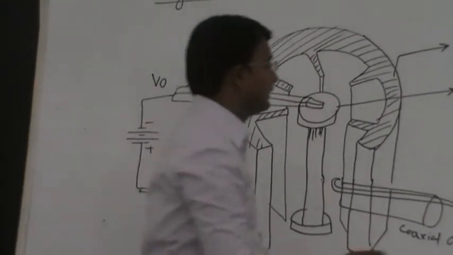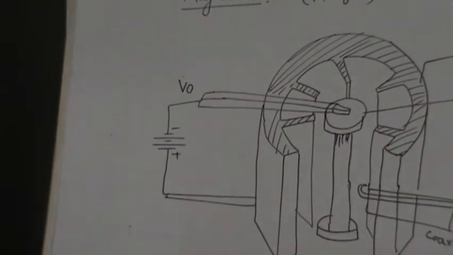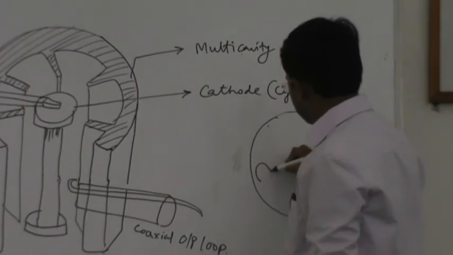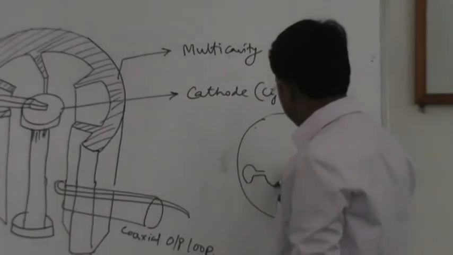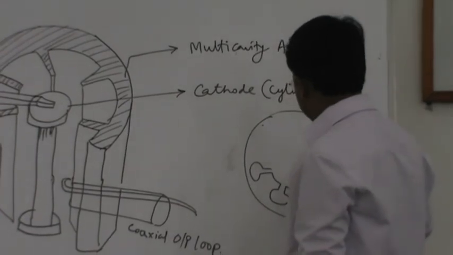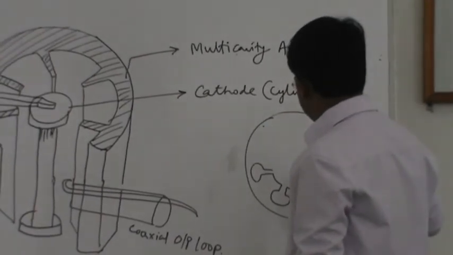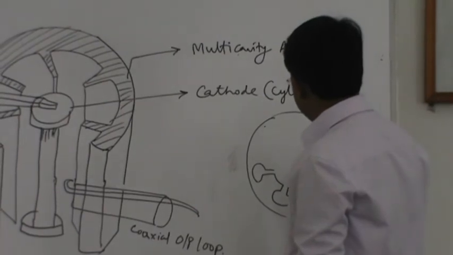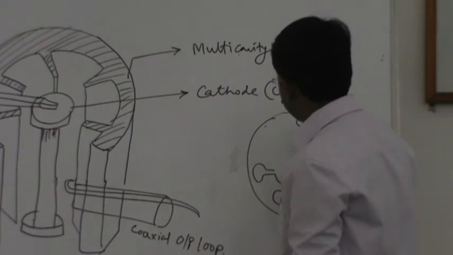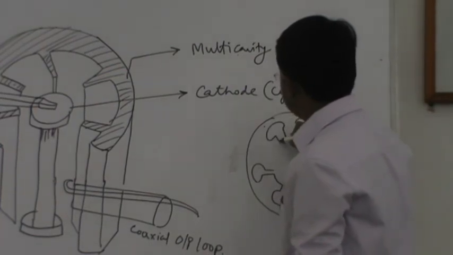It may also take the form of an anode structured as a coaxial group.